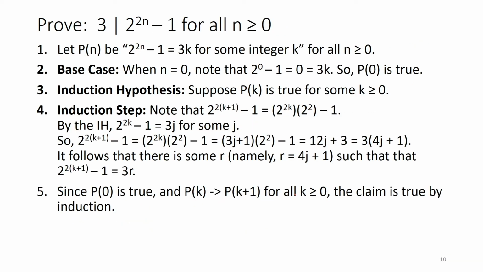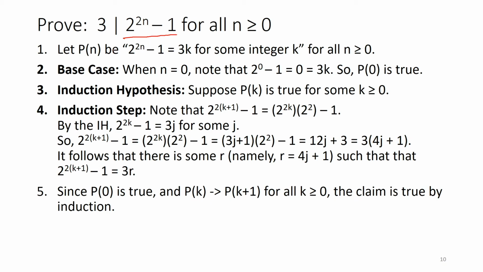Yeah, this is about the divisor and multiplier, multiplication. It depends on this equation. 3 is a divisor of 2 to the 2n minus 1.